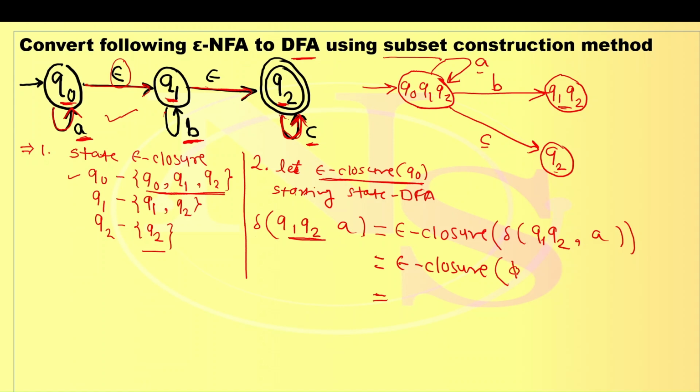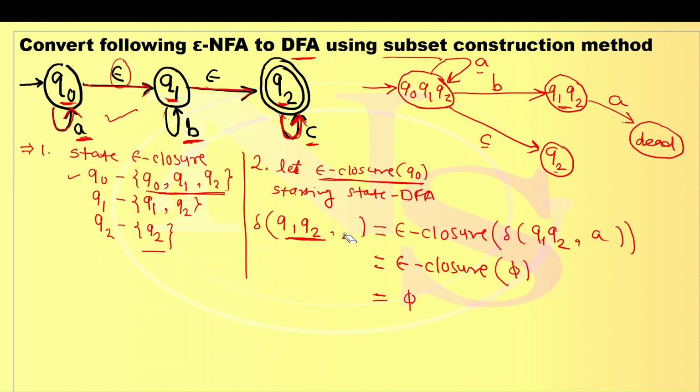We can say phi. Phi means our dead state. Epsilon closure of the dead state is the dead state itself. It means from this new subset, the transition on A will go to the dead state. So let me write it down here. You can write down phi as it is, or you can write dead state also. If you remember, in DFA we used to draw this dead state for the symbol A.